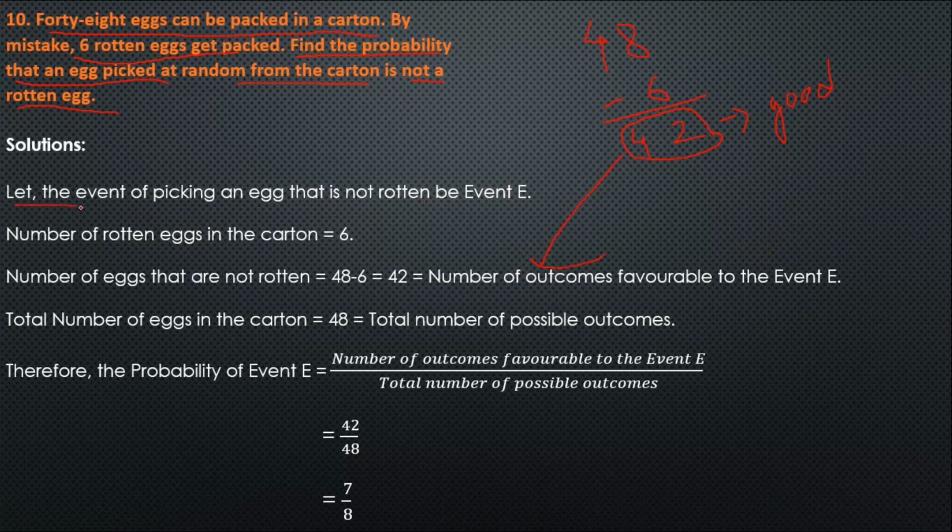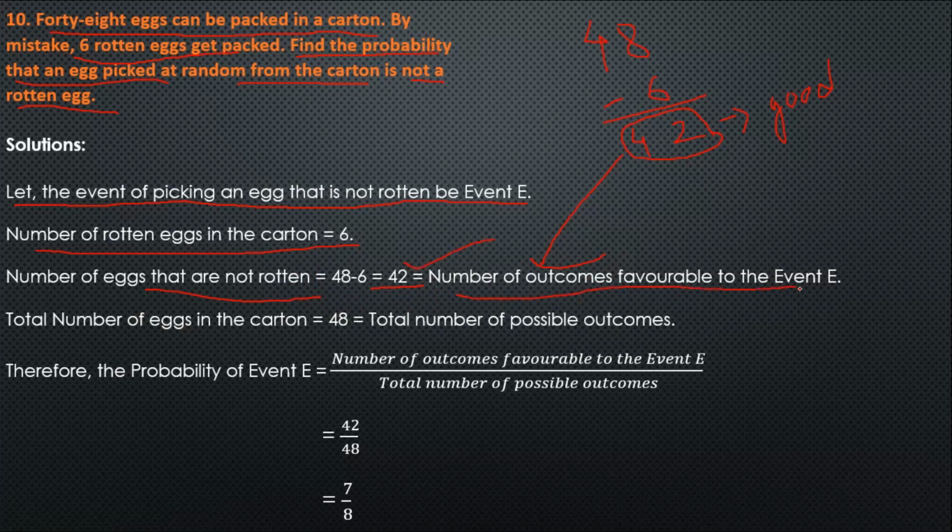Yes. So let's start the solution. Let the event of picking an egg that is not rotten be event E. Number of rotten eggs is 6. So you subtract it from the total number of eggs. This will give you 42. So this is the number of eggs that are not rotten. 42 eggs are not rotten.